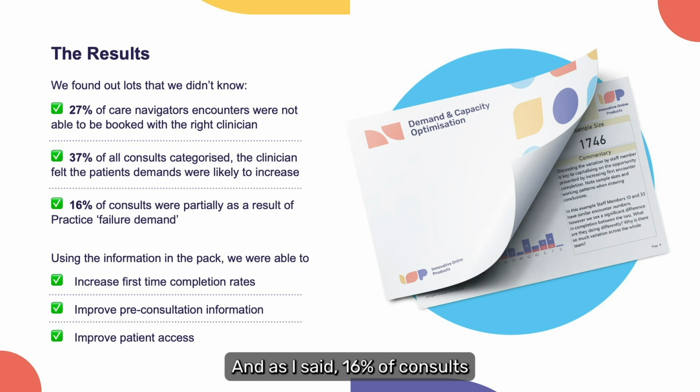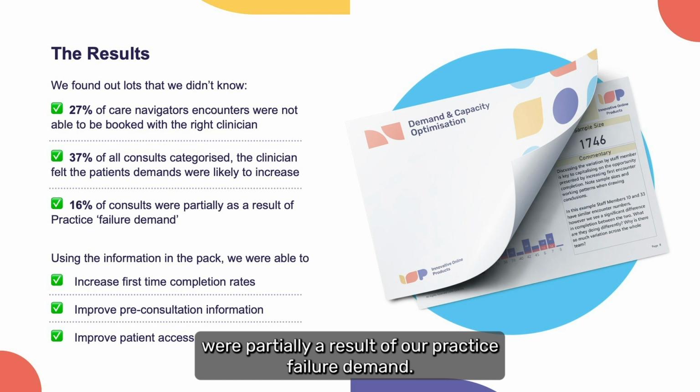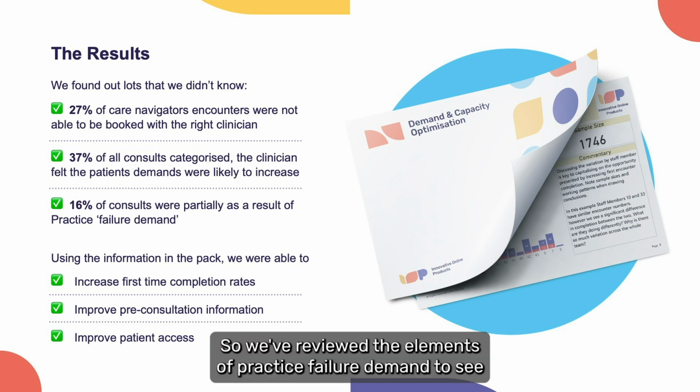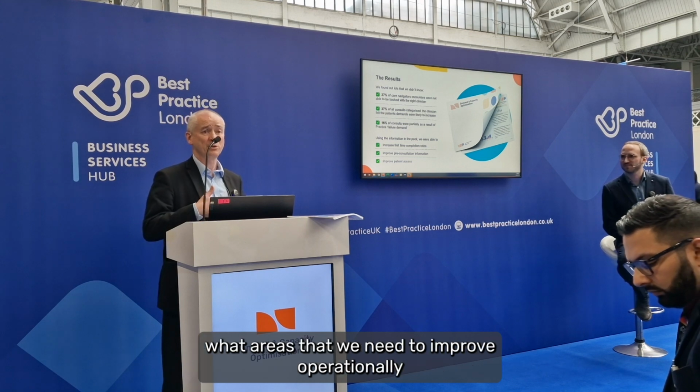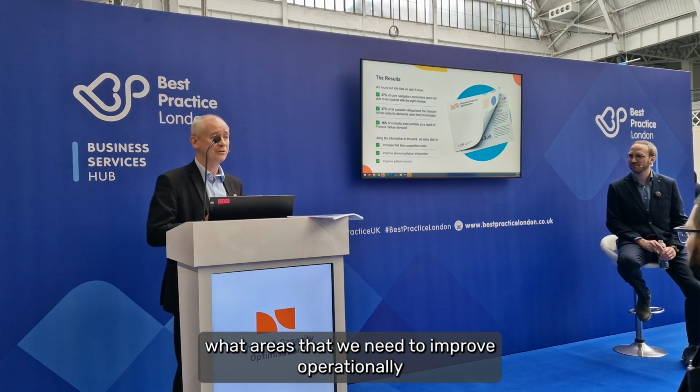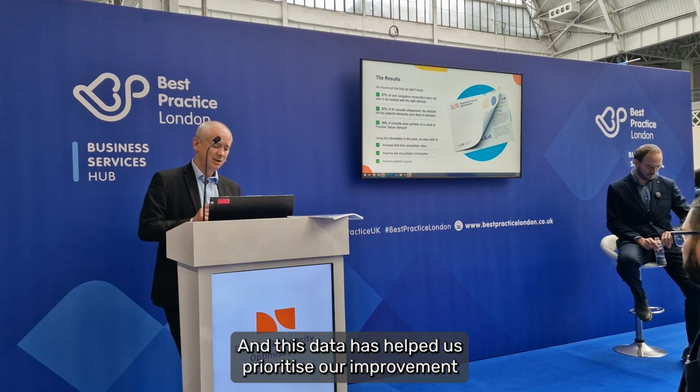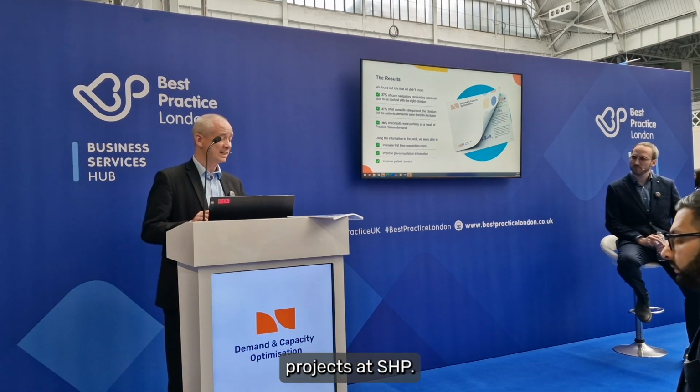And as it says, 16% of consults were partially a result of our practice failure demand. So we've reviewed the elements of practice failure demand to see what areas we need to improve operationally to eliminate this. So there's lots that we can do and improve, and this data has helped us prioritise our improvement projects at SHP.